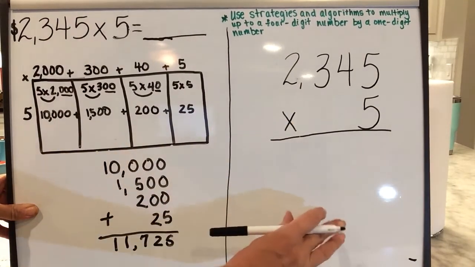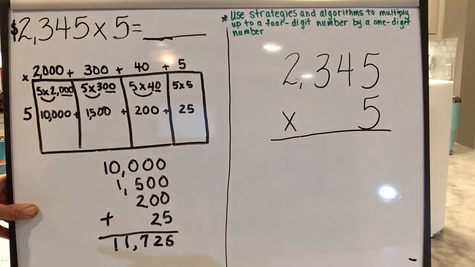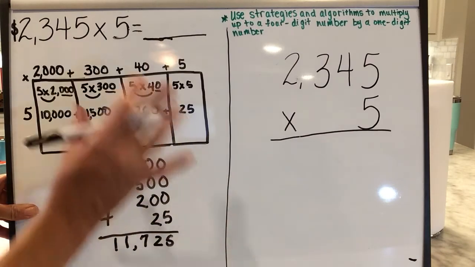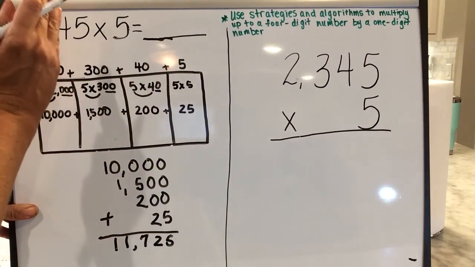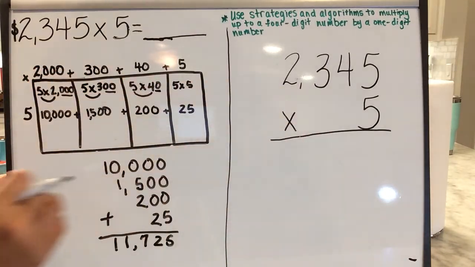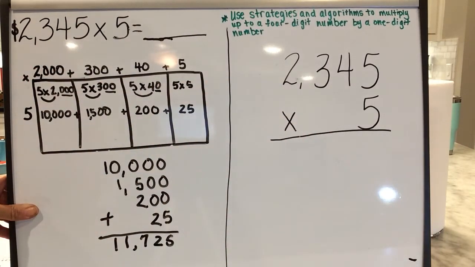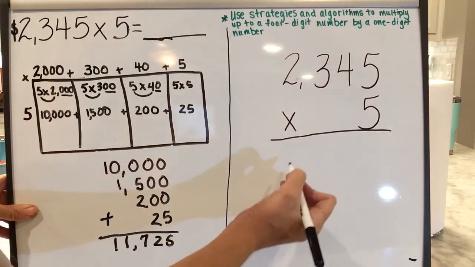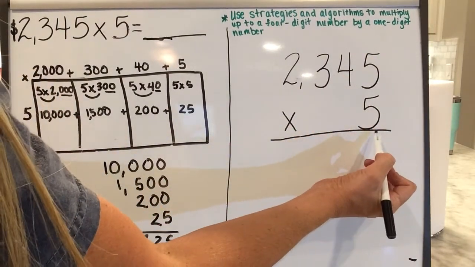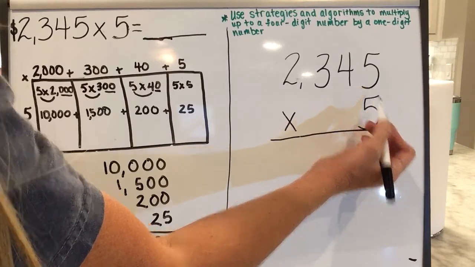Okay, so over here we're going to go to the standard algorithm side. And so over here we were looking really specifically at each value. We still care about the values, but we're going to just specifically multiply. So we're going to say 5 times 5 is 25.